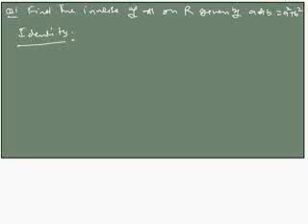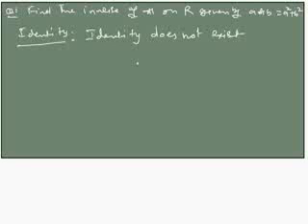If there is no identity, then no inverse. You have to prove it first. Therefore the inverse does not exist. So this is done.